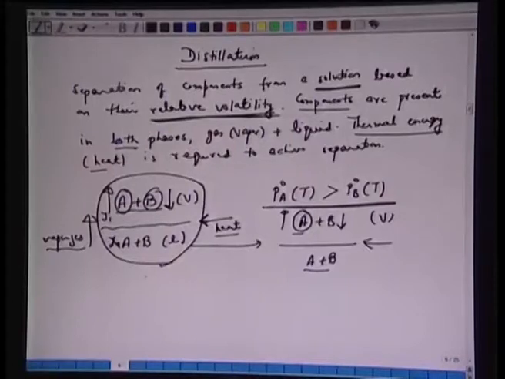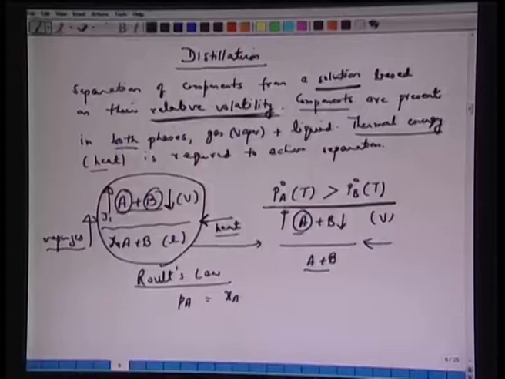We can still apply Raoult's law, all right. So, Raoult's law is applicable to obtain this partial pressure of A as function of mole fractions and the vapor pressure, and also related to the mole fraction in the gas phase, vapor phase and in the liquid phase.